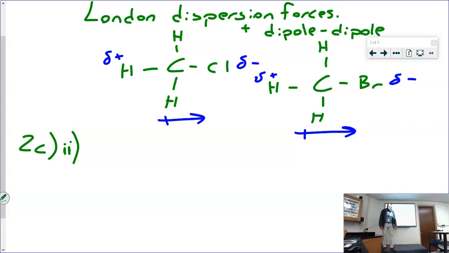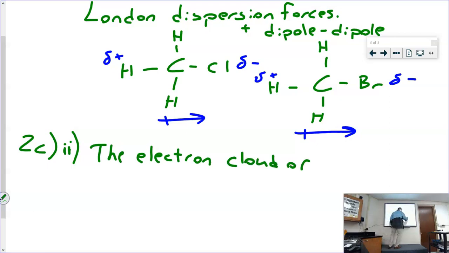Well, if you look at the molar mass, right, this one's just flat out bigger. It has more electrons. So the electron cloud of CH3Br is larger.